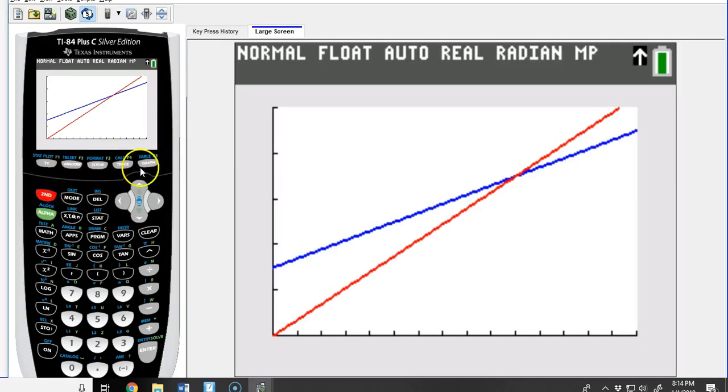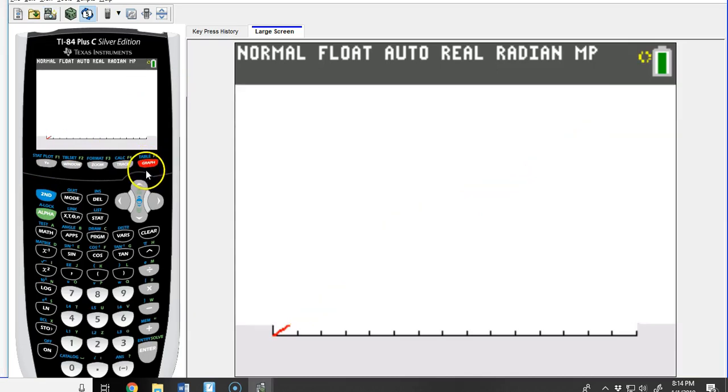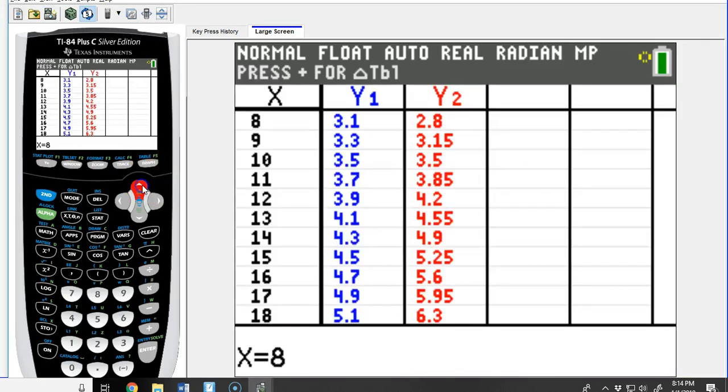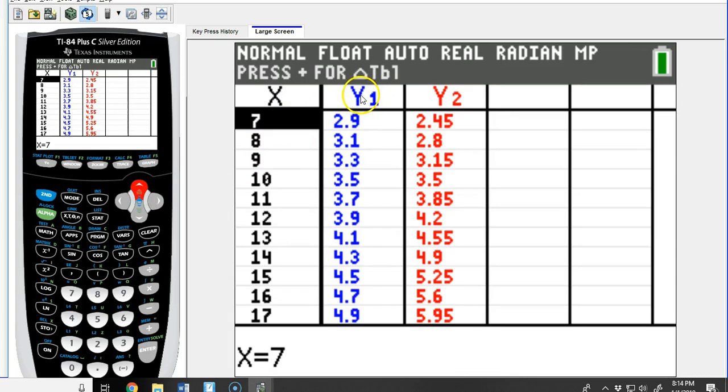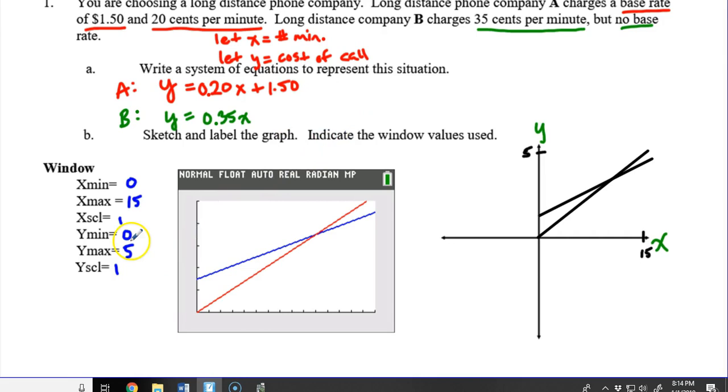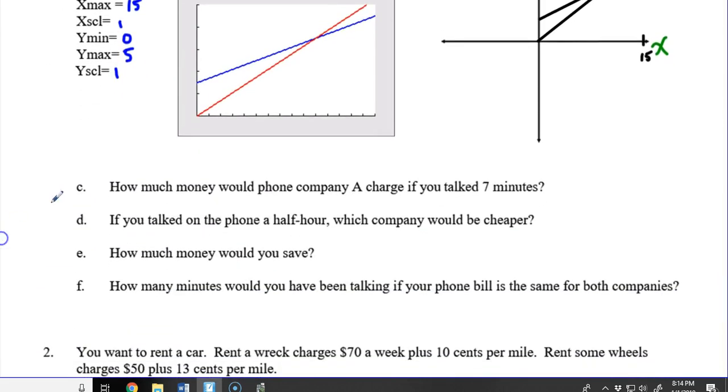We look at our table, second, and graph. When X is 7, the Y, Y1, shows the amount of money company A costs for 7 minutes. So $2.9. Or as we say, $2.90.